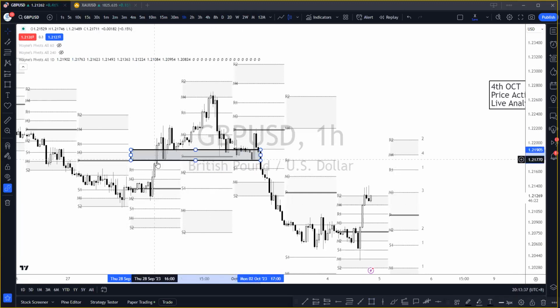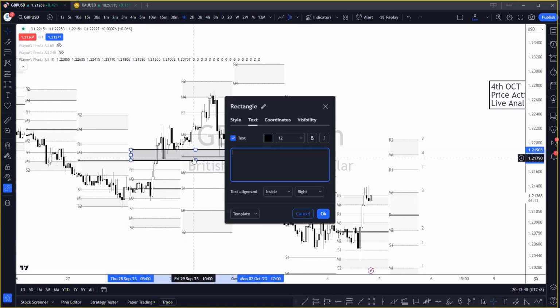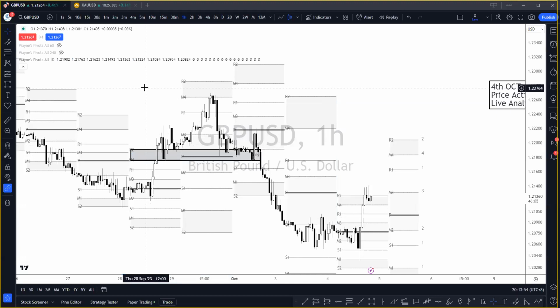Okay, so in this case, when it breaks above R2, I'm just going to demark M4 to R2 based on the movement on Thursday that prices are in a bullish trend. And why are these significant levels? It goes back to the question of what is a good support and resistance level.